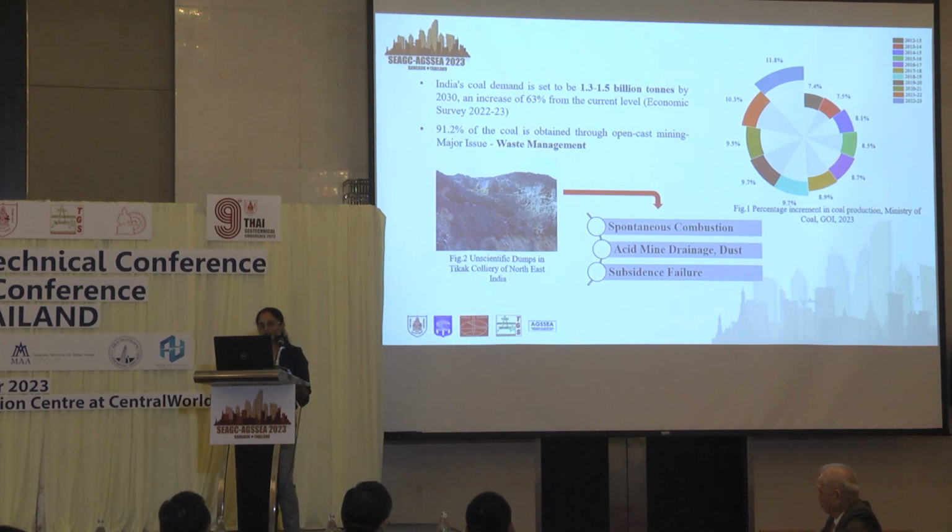This can dissolve the heavy metals that are present in the waste. So the acid mine drainage that is generated is characterized by a very high concentration of heavy metals as well as low pH, which can affect the aquatic as well as the biotic life.